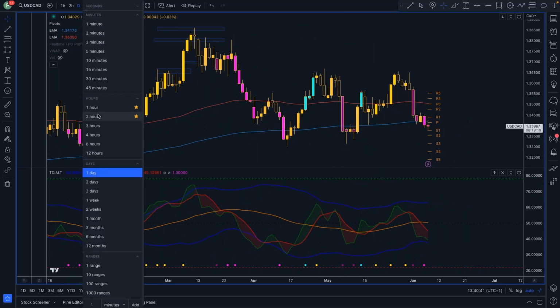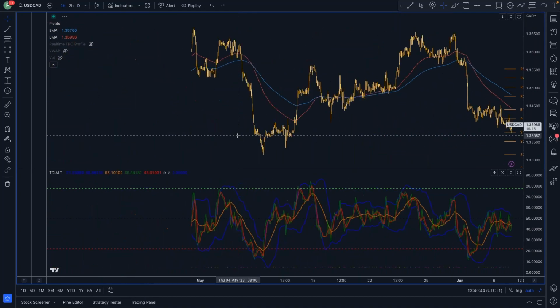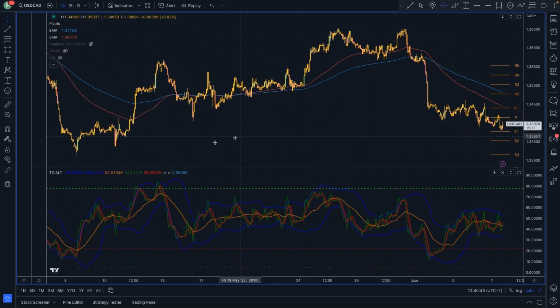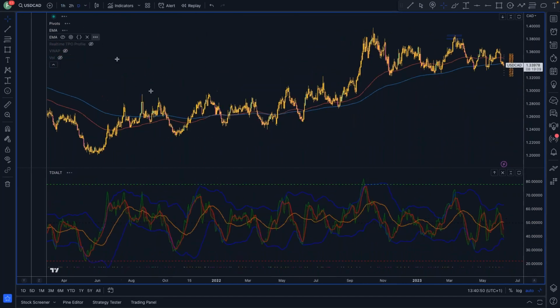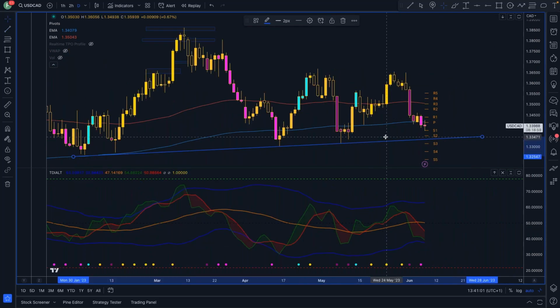US dollar CAD pair. And I'll just drop down to the lower charts, lower time frames. Looking at the higher time frames, you see we've got some pretty decent support here, a very decent support level. And you can see that near-term trend line. That really is a key level.